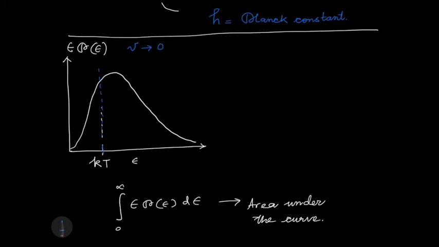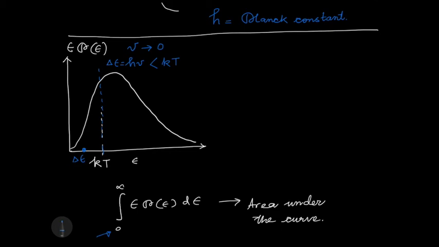Now consider the case which is nu tends to 0. Nu tends to 0 means the smallest energy that is of consideration, which is h nu, will be considered less than kT, so that delta epsilon lies somewhere here.